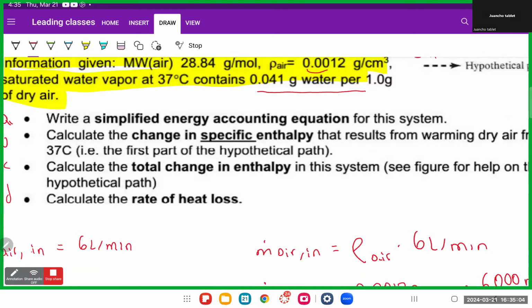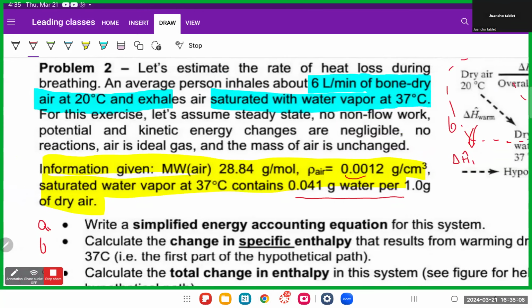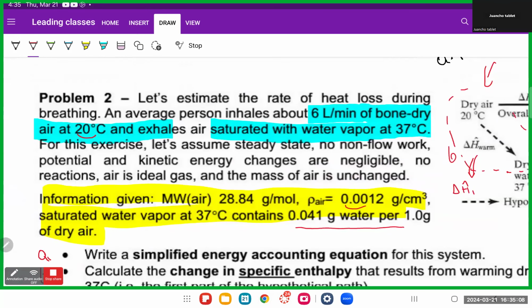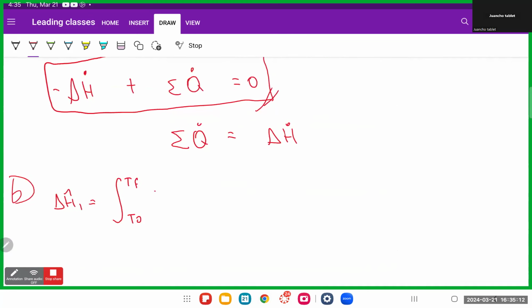We know that T0 in this case is 20 degrees Celsius and Tf is 37. I forgot exactly what Cp meant, my apologies. It's the specific heat capacity. Thank you so much.